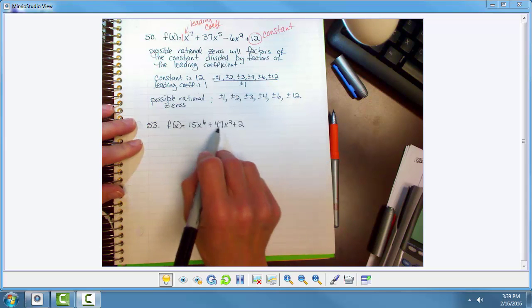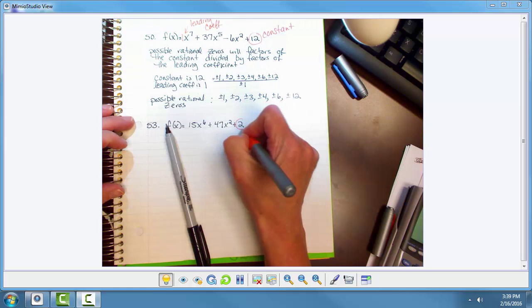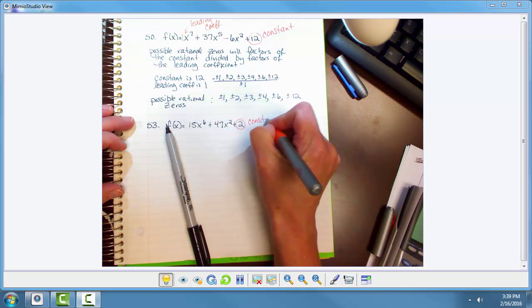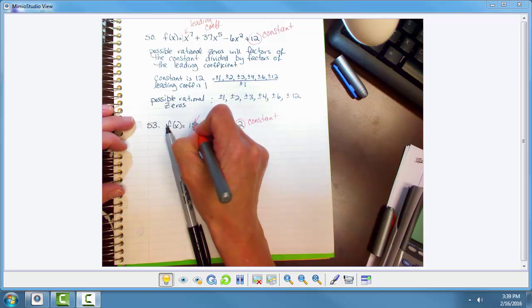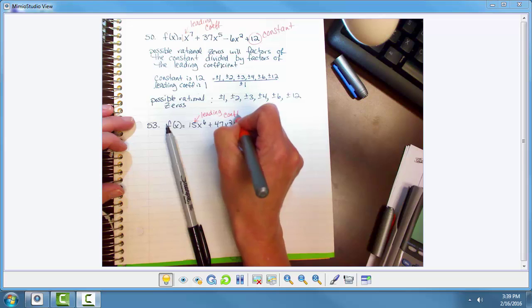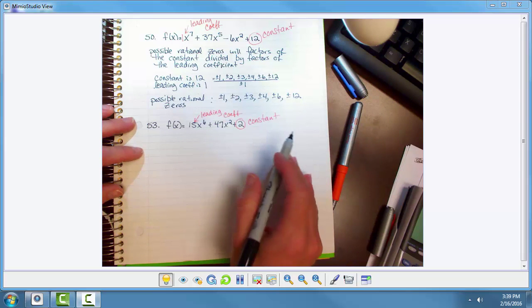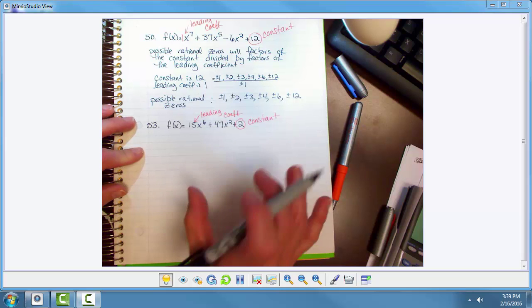So notice this time your constant is 2 and your leading coefficient is now 15. To make a list of your possible rational zeros, these are all the numbers that could be a zero of the polynomial.